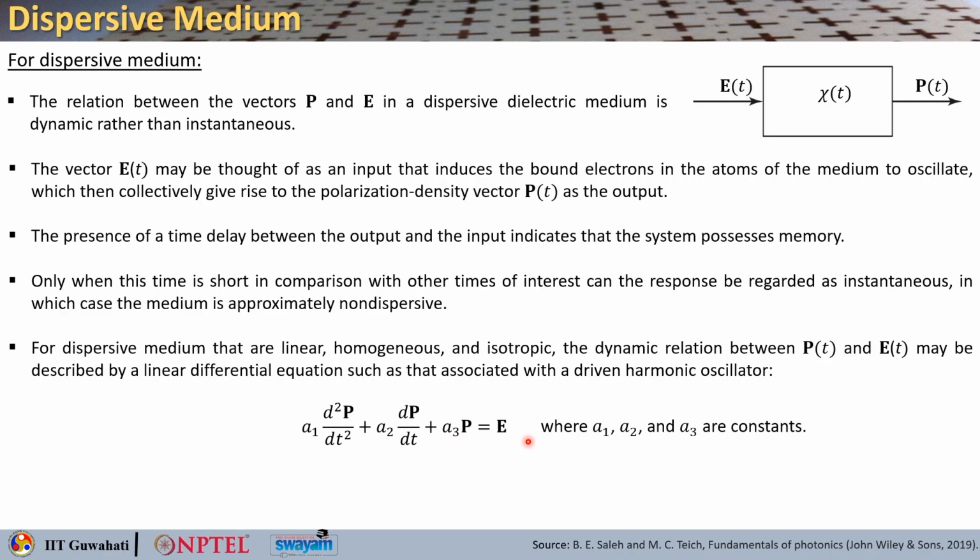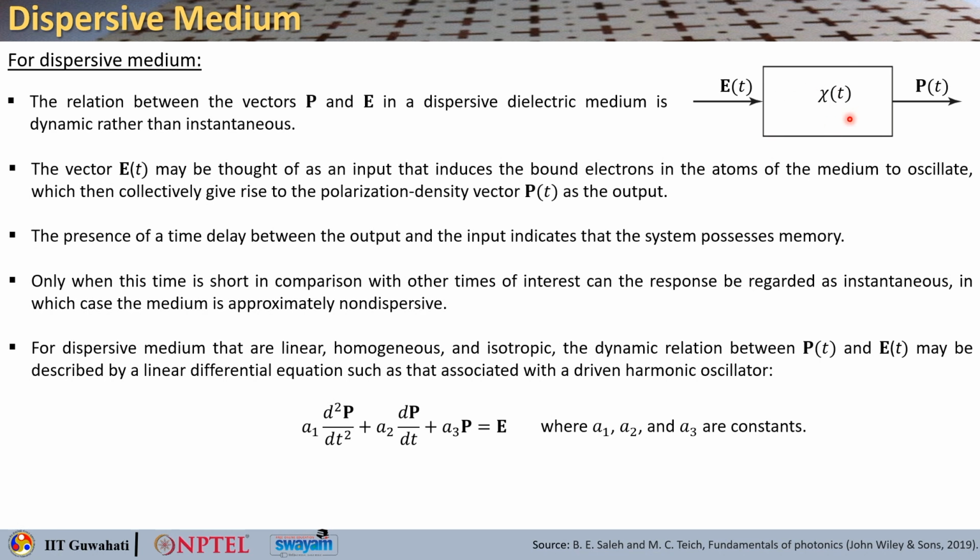So what we have seen is that in a dispersive medium, which is linear, homogeneous and isotropic, the relationship between P(t) and E(t) is basically governed by a dynamic linear system described by an impulse response function epsilon naught chi(t), right.